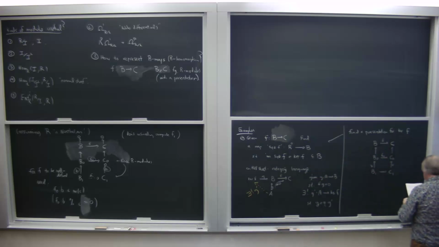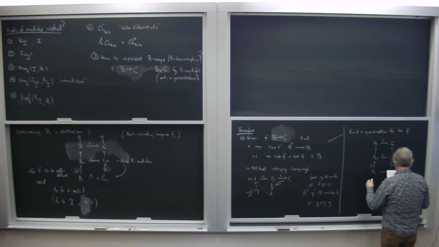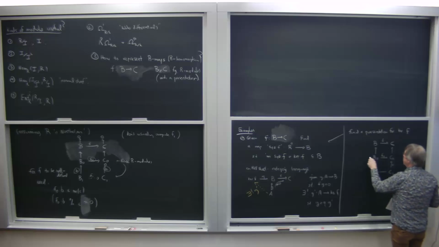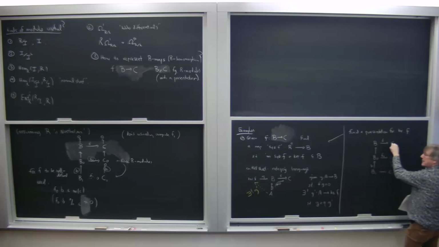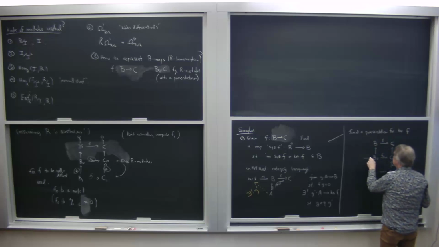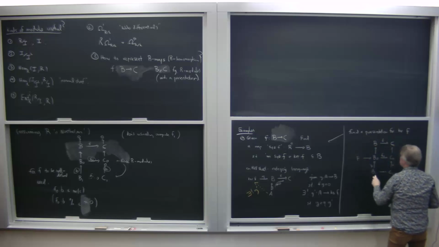So how do I calculate the kernel of this? I want the elements in here that map to 0 here. Any suggestions? For instance, let's say F is going to be a free module here.